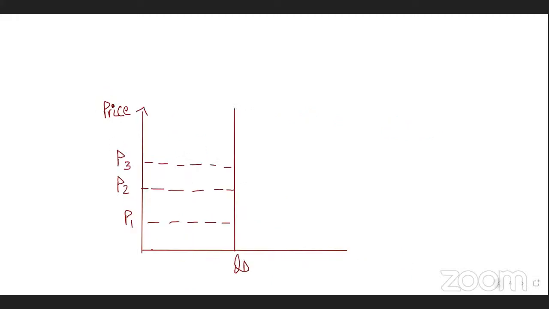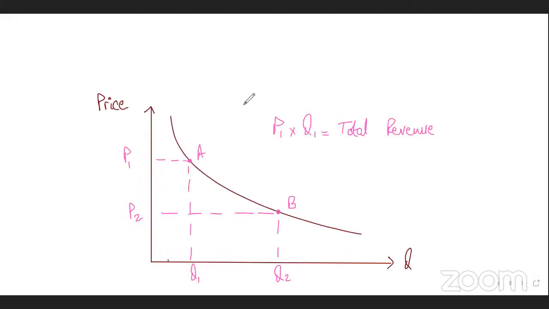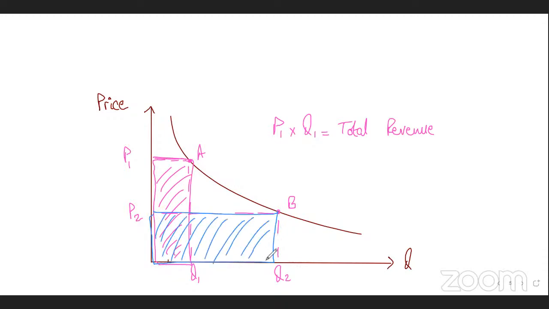They have already told us that this area is the same as this area. So this means that the total revenue in the two options stays the same, even though the prices are changing. Then it means that it's unitary elastic. Got it?